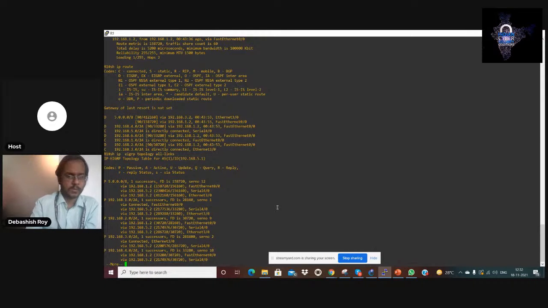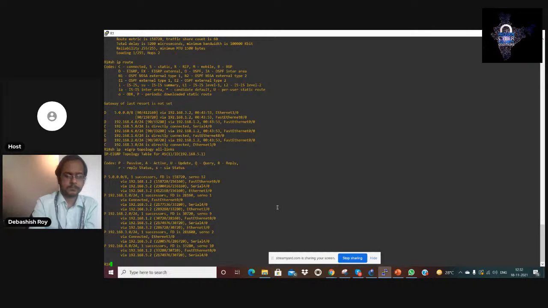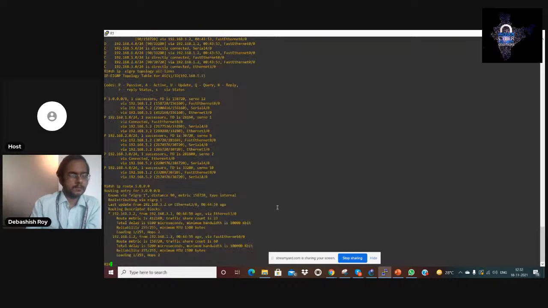You can also check it by show IP route 5.0.0.0. You can say that the load balancing is 3.2 and 1.2.